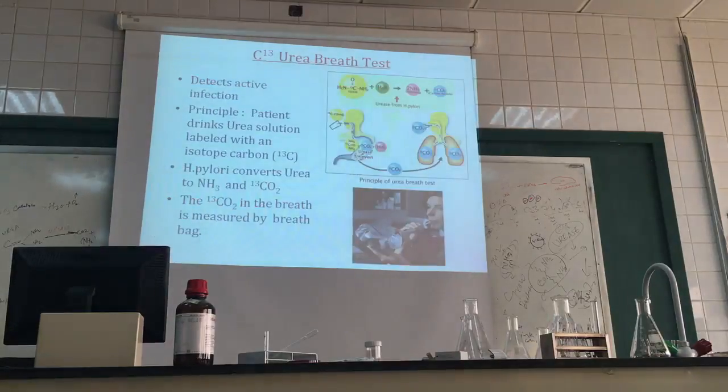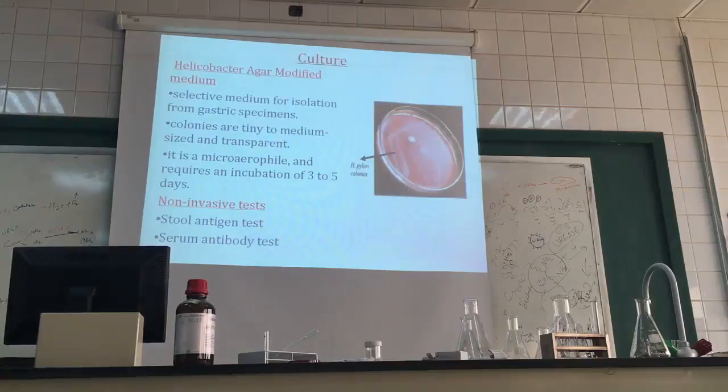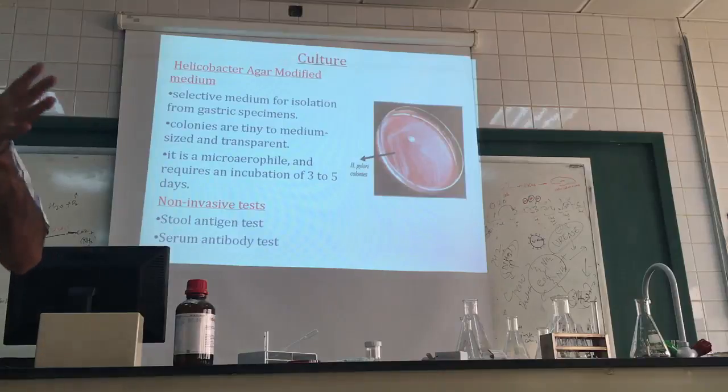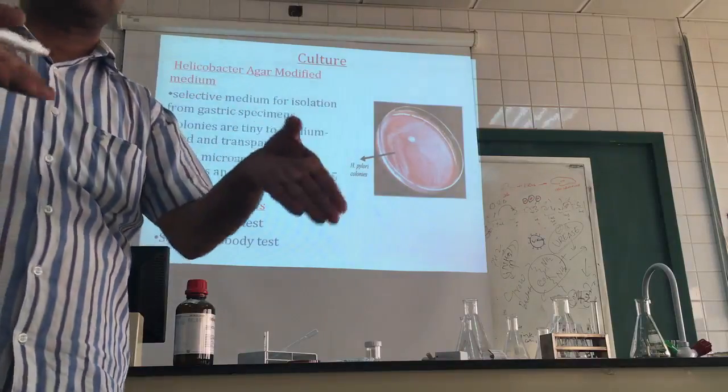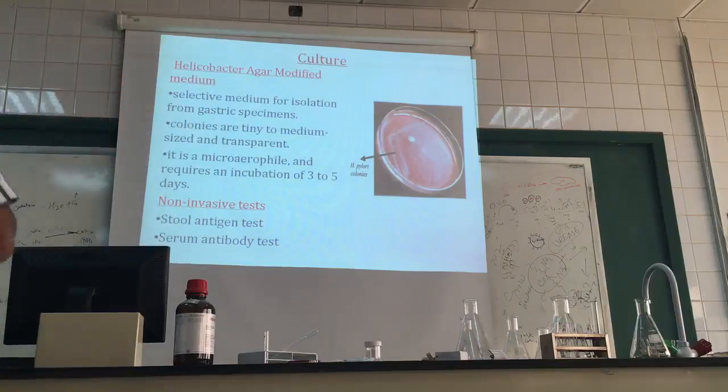But usually I put this test before, because more important tests come. This culture is called a modified medium, Helicobacter agar modified medium. This media is prepared as per the specific needs of Helicobacter.